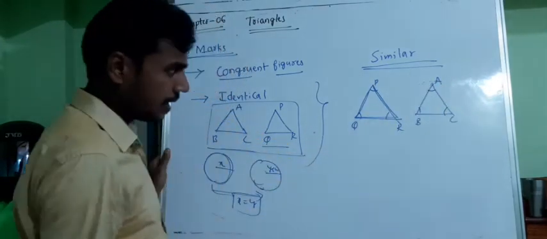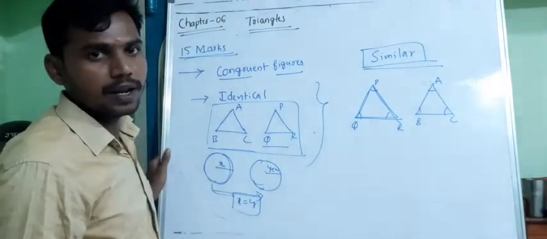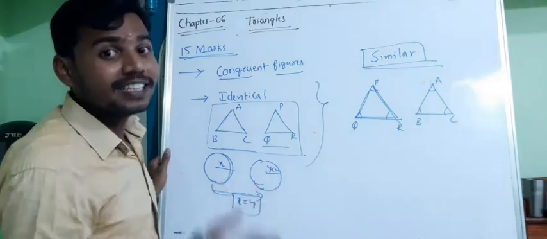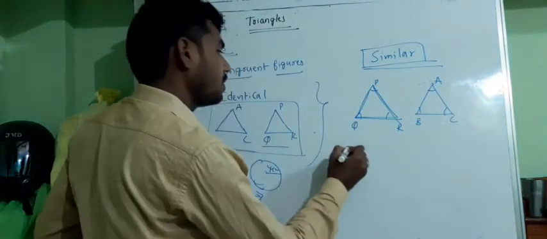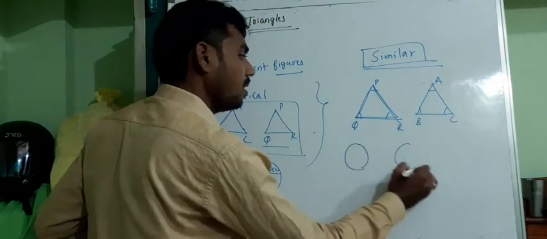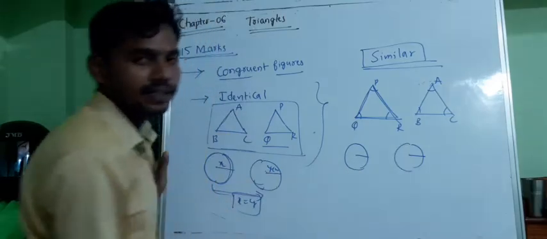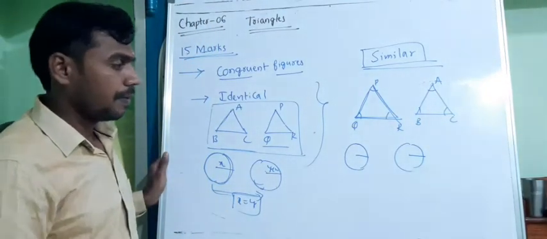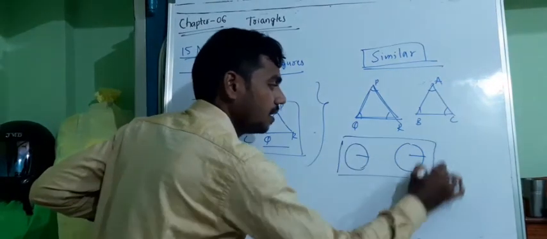Later we are going to study that. But in the basic sense, two given figures are similar if they are identical in shape, not in dimension. These two circles are similar because they are similar in shape. Maybe in dimension they may vary, but they are similar in shape.